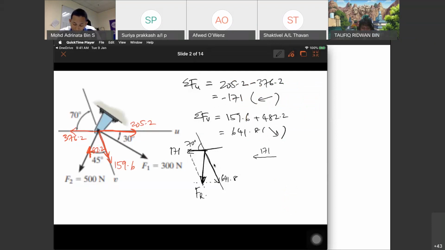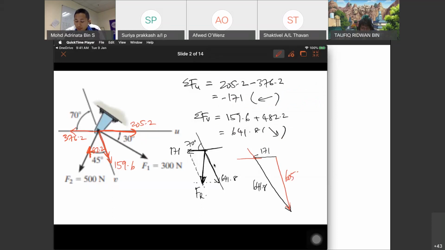Then this is the 641.8. Then this is your resultant force actually. 605. Okay, so ini sebenarnya the real figure of your resultant force. Okay, so this is 70 degree of a U and V.